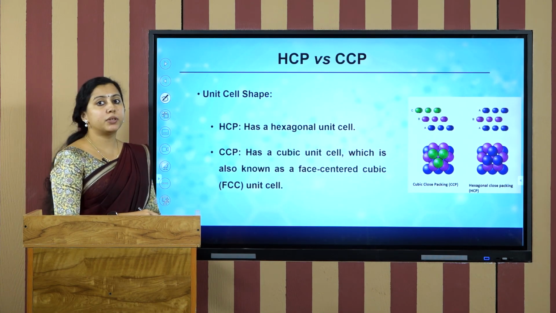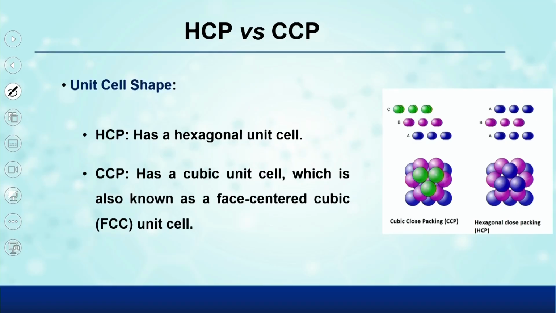Next, the shape of the unit cell. HCP has a hexagonal unit cell with a 6-fold axis of symmetry, whereas cubic close packing is a face-centered cubic unit cell with a C3 or three-fold axis of symmetry.